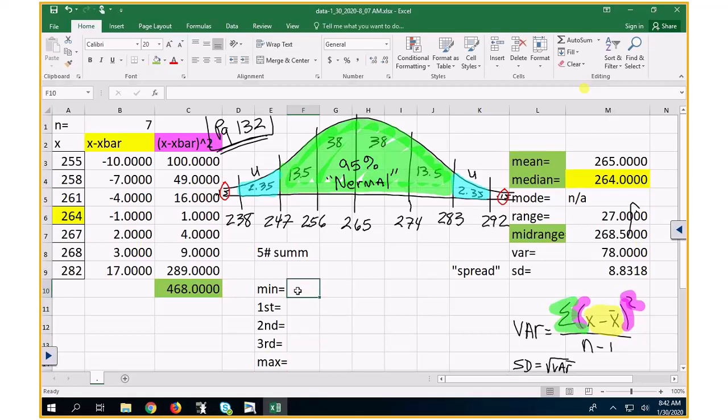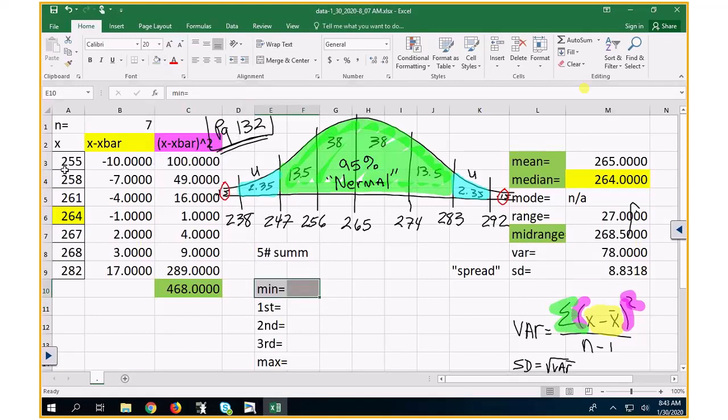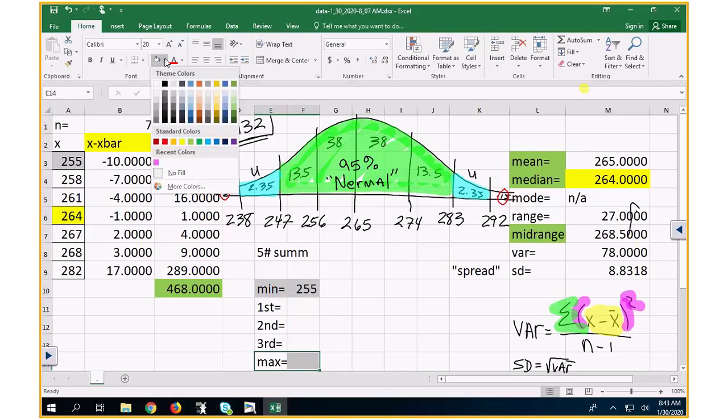Now the min is going to be real simple. The min is your lowest what? Number. And oh, most of y'all can figure out that the max is your highest number.